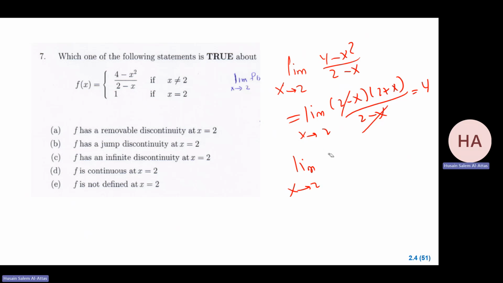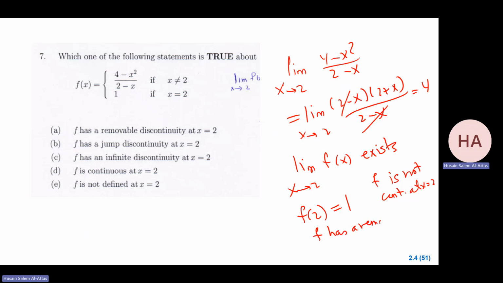What is f at 2? f of 2 equals 1, not equal to 4. So f is not continuous at x equal 2. Actually, f has a removable discontinuity, because it's not continuous, but the limit exists.